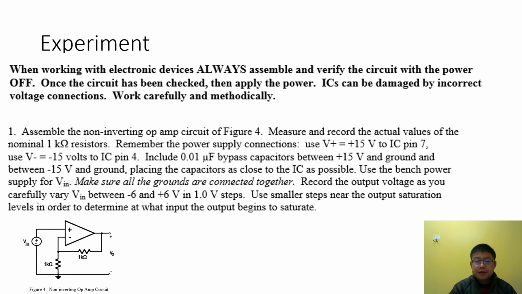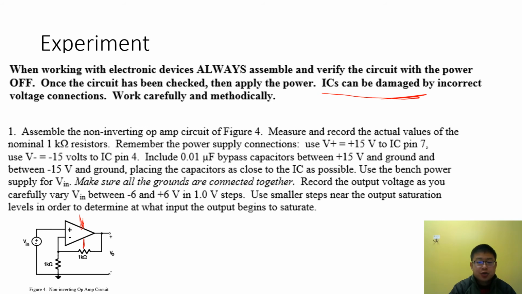In the experiment, the most important thing is not to damage the circuit. In the first experiment, you need to connect the circuit as shown in figure 4. The operational amplifier needs to be connected with the power supply, and you need to use capacitors to stabilize the DC power.